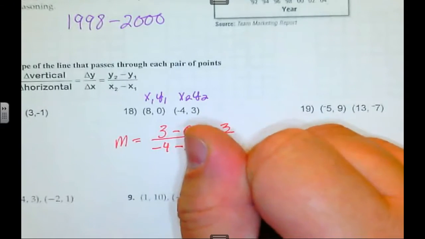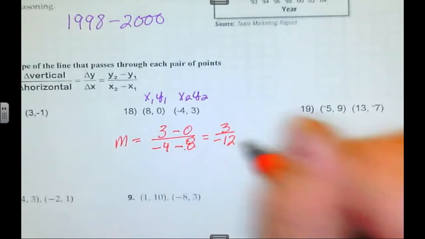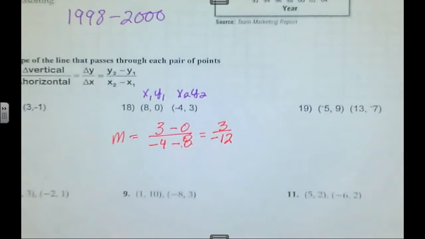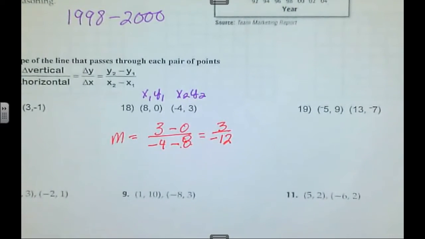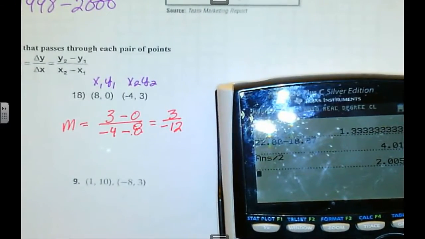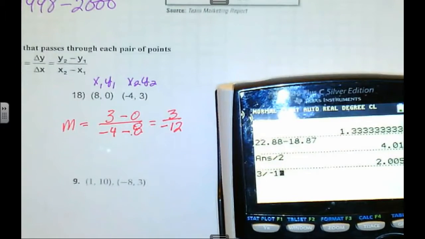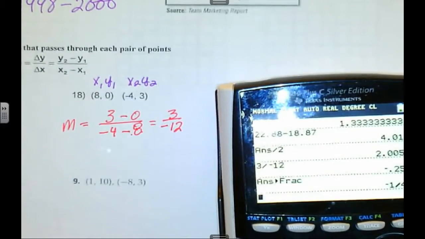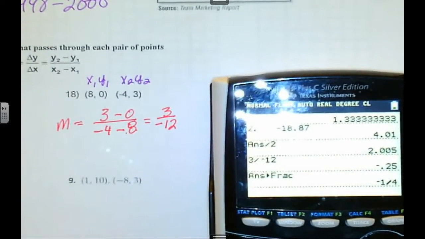Negative 4 minus 8 is negative 12. Always reduce your fraction. What's the easiest way for you guys to reduce fractions? That's right, put it in your calculators. Let's see, I've got 3 divided by negative 12. Hit enter. Math. Enter. Enter. I get negative 1/4.